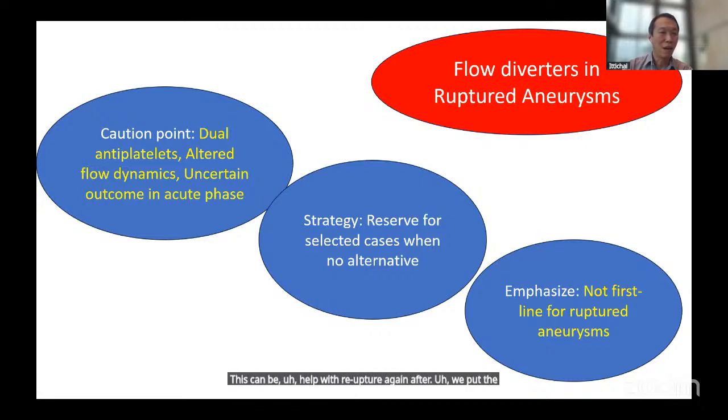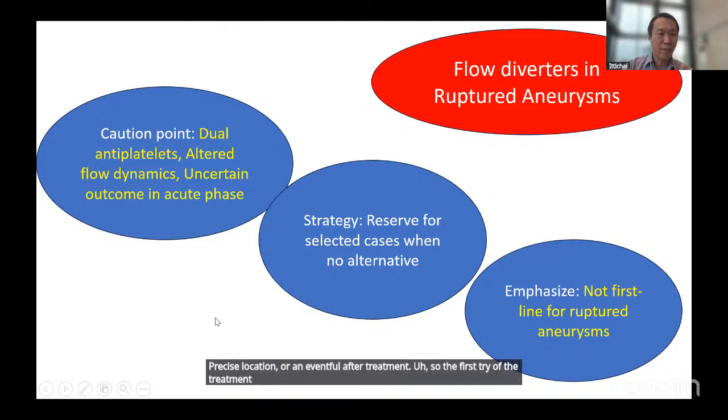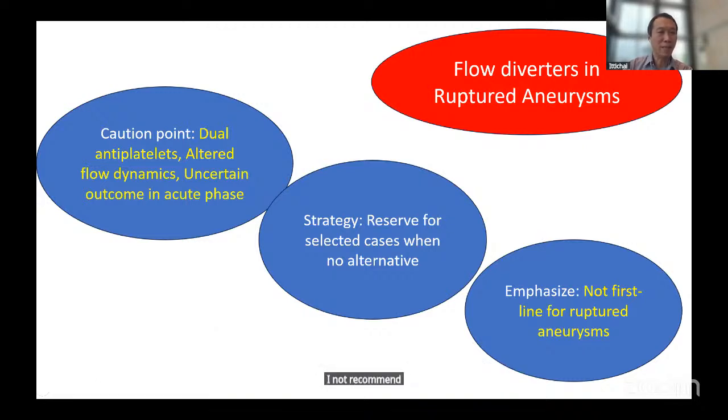So as first-line treatment by flow diverter in ruptured cases, I do not recommend it in some cases.